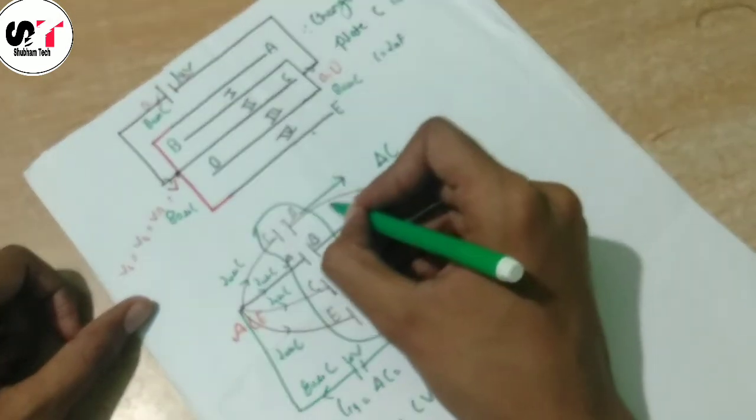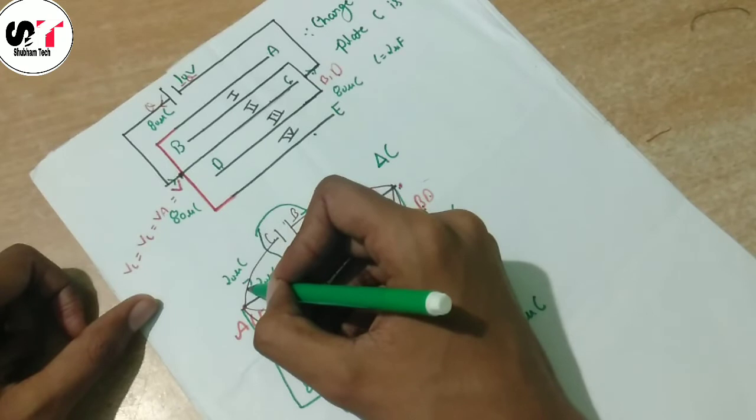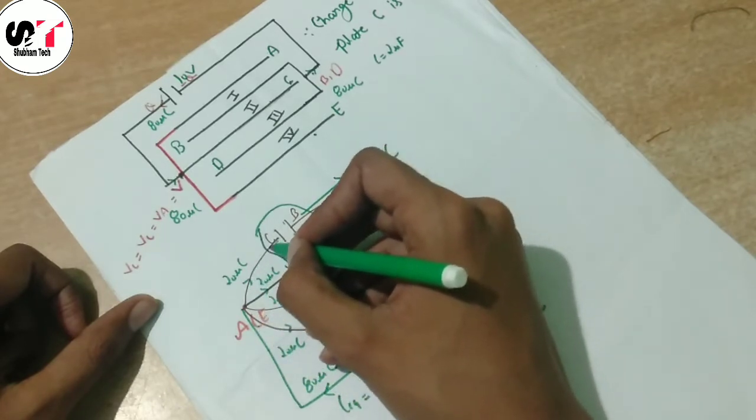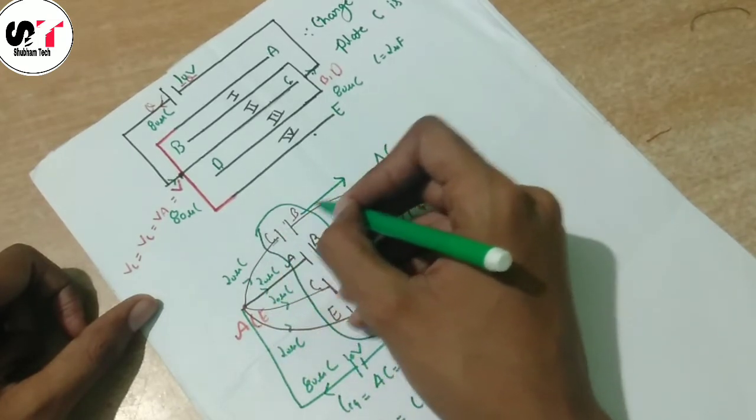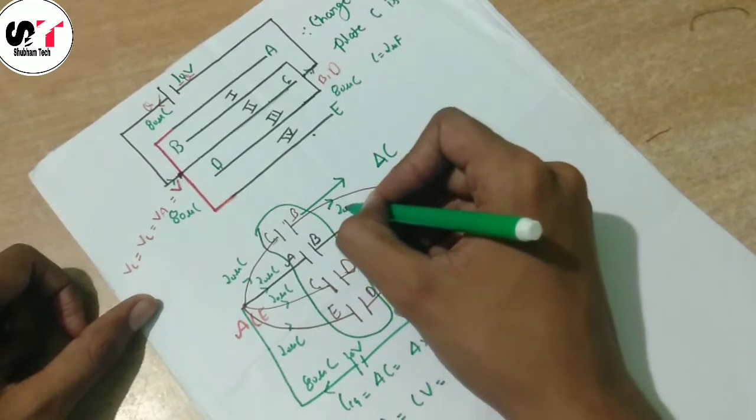So 20 microcoulomb entering to C plate and leaving from B plate, 20 microcoulomb.